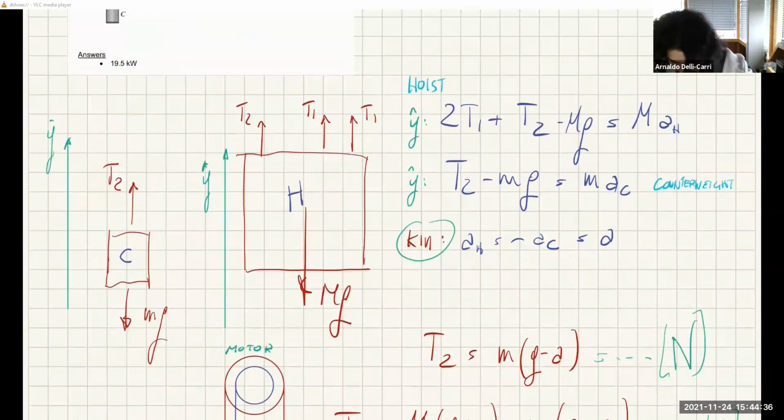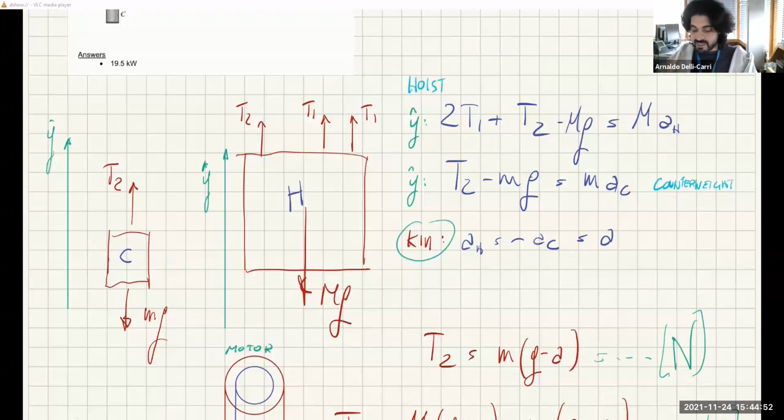And for the counterweight, we have T2 in its own reference frame. They are going in the same direction.